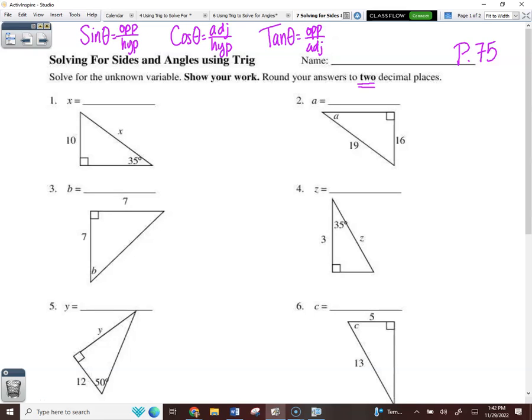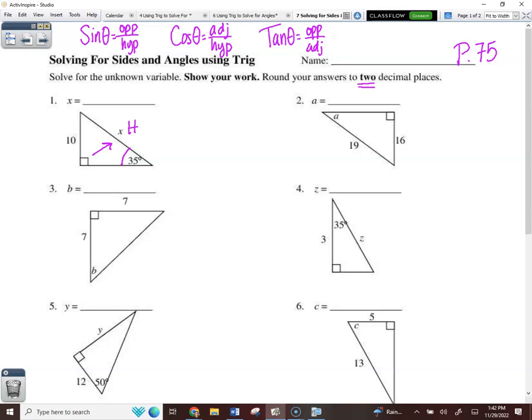So look at number 1. Before you decide if it's trig, regular, or inverse trig, label your triangle. So draw an arrow to the hypotenuse. You got hypotenuse here. Then go to the angle and ask yourself, how's the other side positioned?